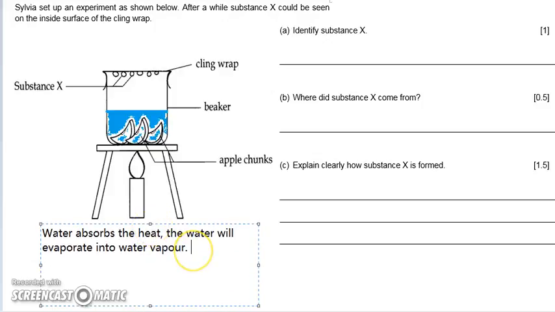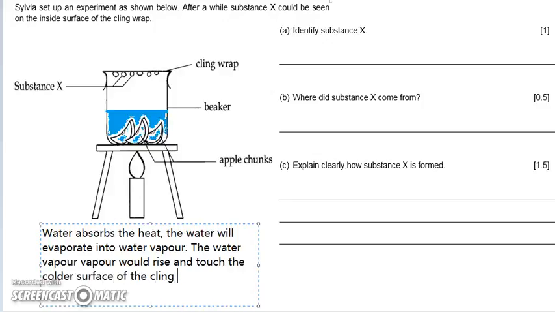Right, and then the water vapor, you know this already, the water vapor would rise and touch the colder surface of the cling wrap and condense into water droplets.